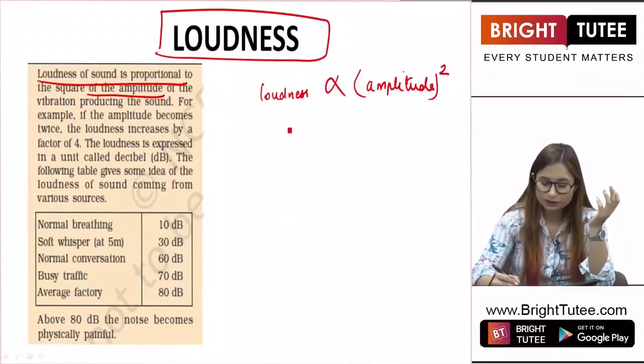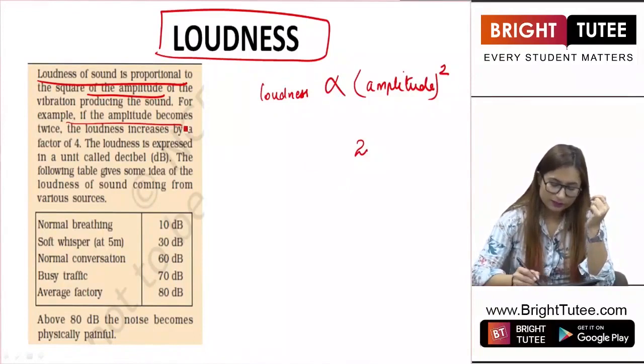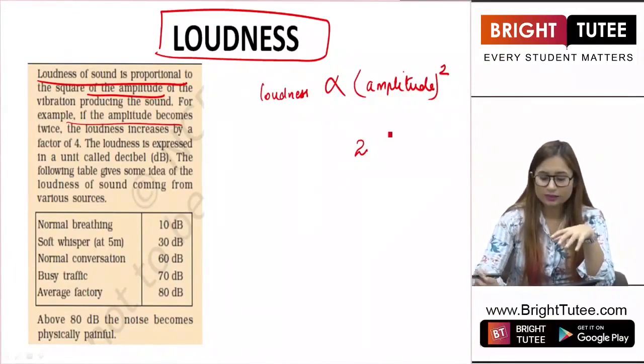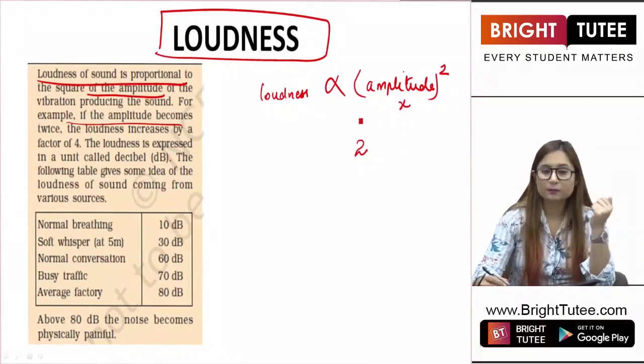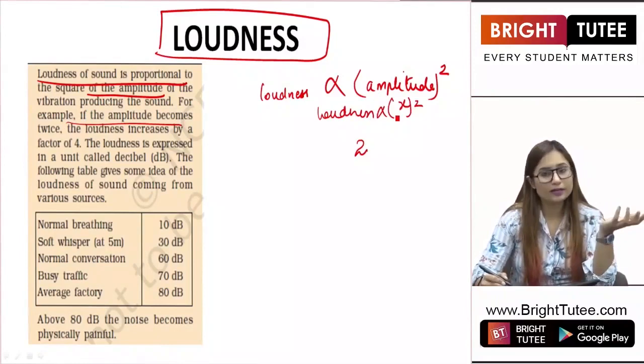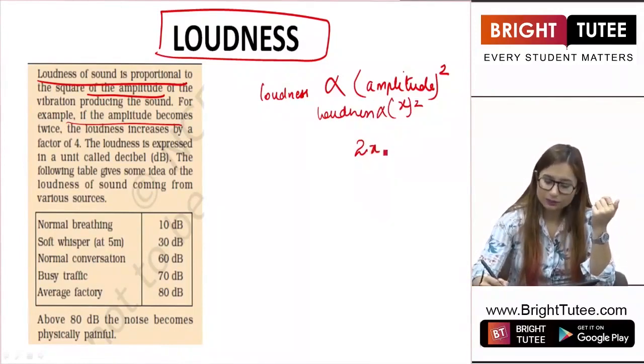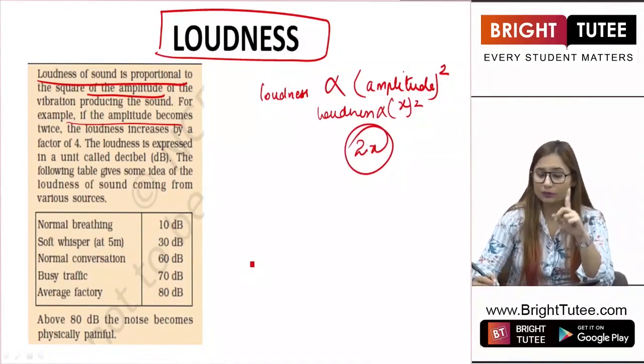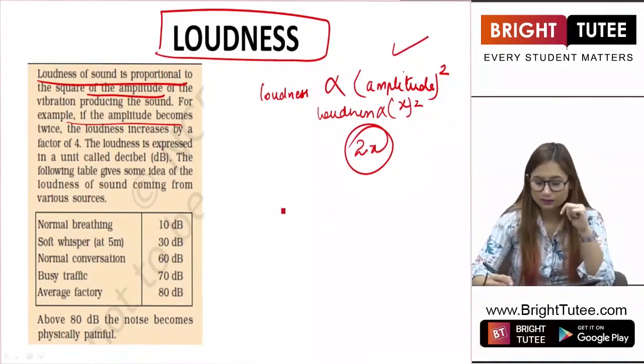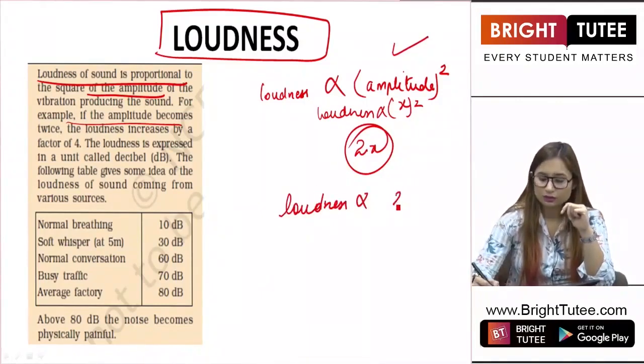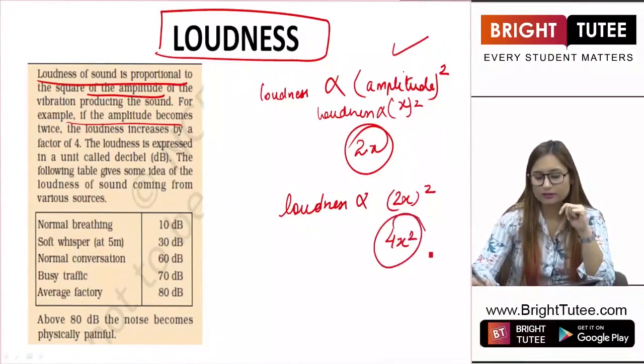If the amplitude becomes twice, for example, if the amplitude earlier was x, so the loudness is proportional to x square. But if the amplitude now is 2x, the amplitude has doubled, then the loudness is directly proportional to (2x) square, which is 4x square.